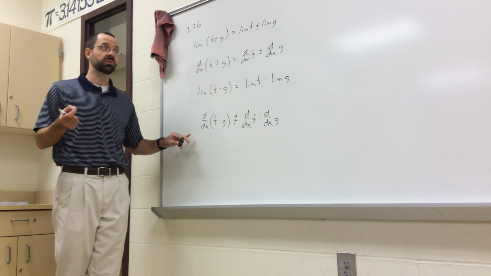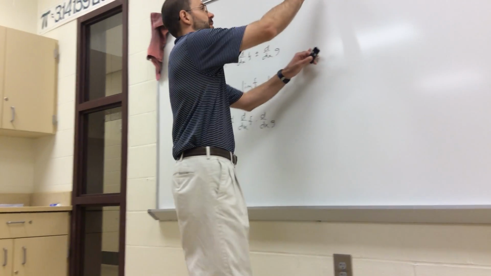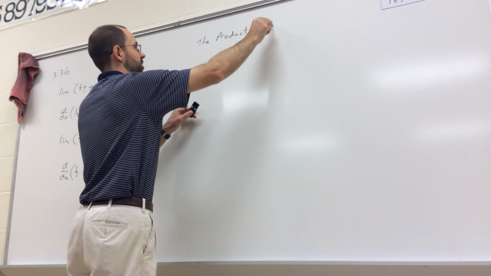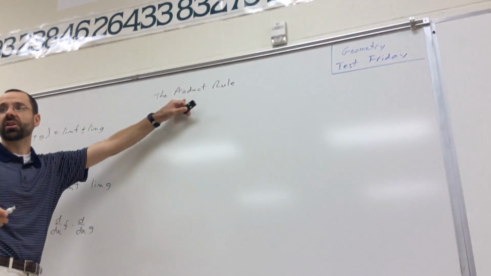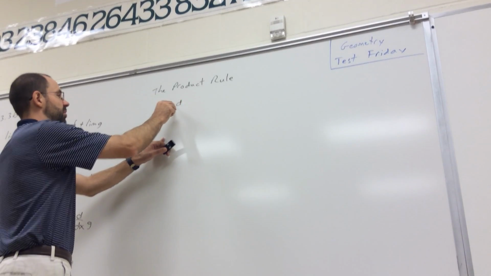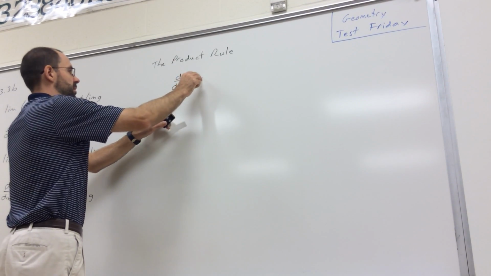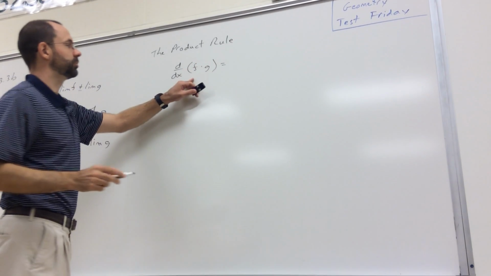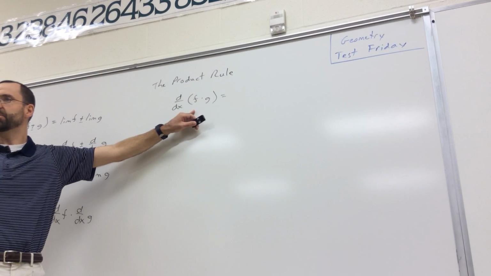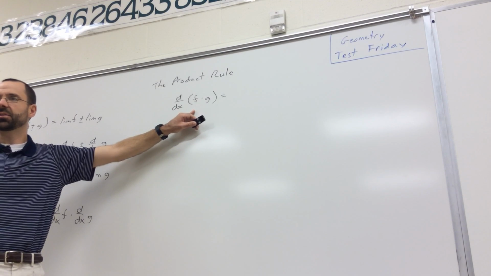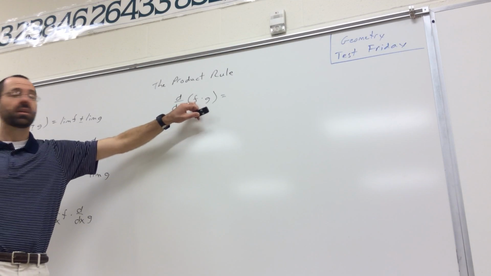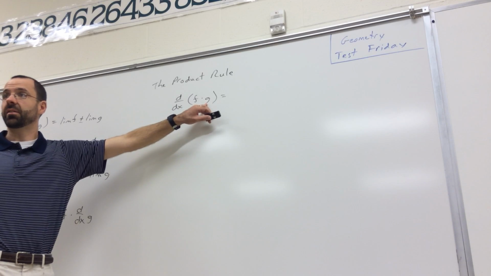Okay, so what is true is called the product rule. It's called the product rule because product is the word for multiplication. The product rule tells you how to correctly take the derivative of two things multiplied together. And f and g are just arbitrary names; the functions could be called anything. I'm going to refer to f as the first thing and g as the second thing.